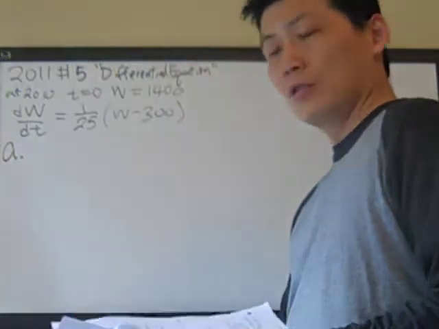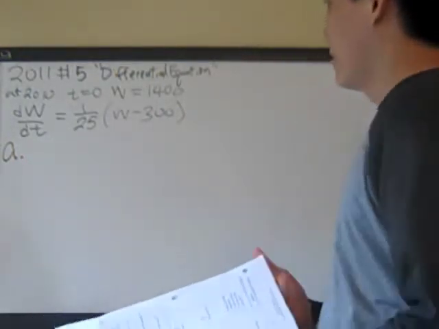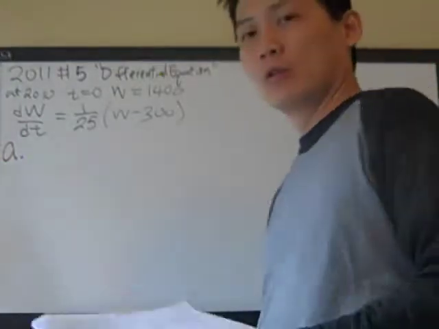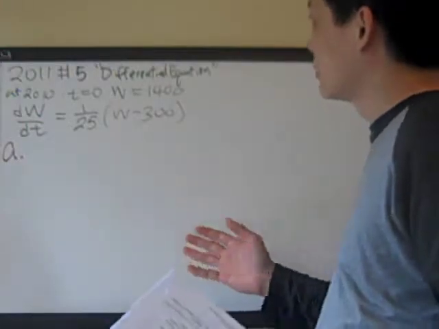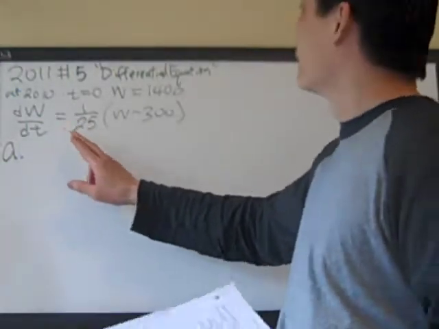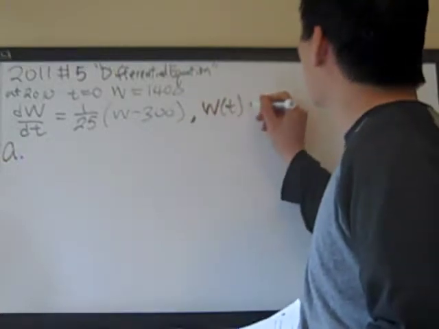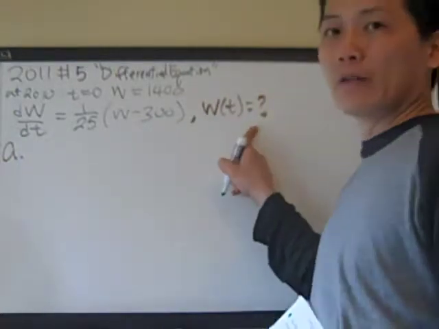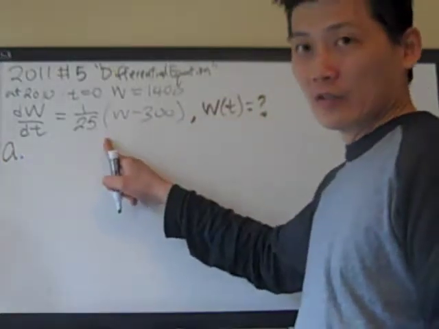Now part A says, use the line tangent to the graph of W. Now, you may ask, well, we don't know what W is. Well, that's okay. We have the derivative of the W function. There is a W function, W of t, which we don't really know at this point, but we do know the derivative that looks like this.